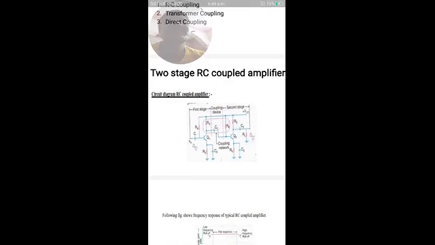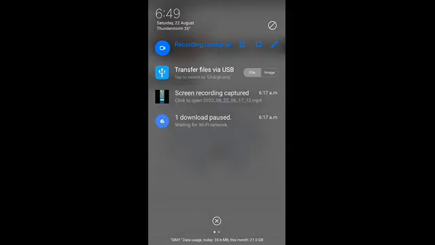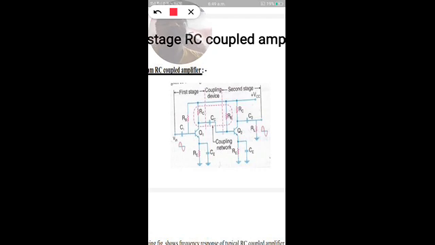Similarly, suppose IC decreases, so IE also decreases. When IE decreases, this will decrease the VE.